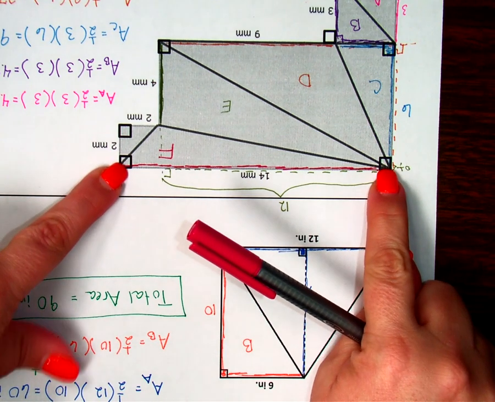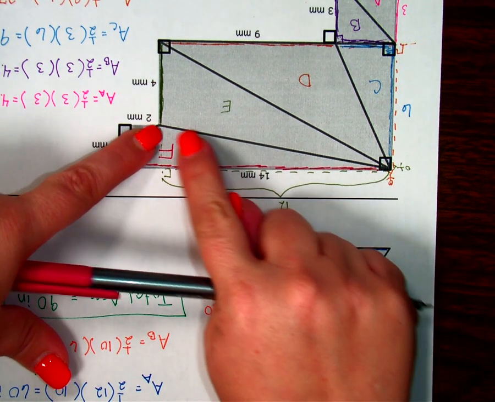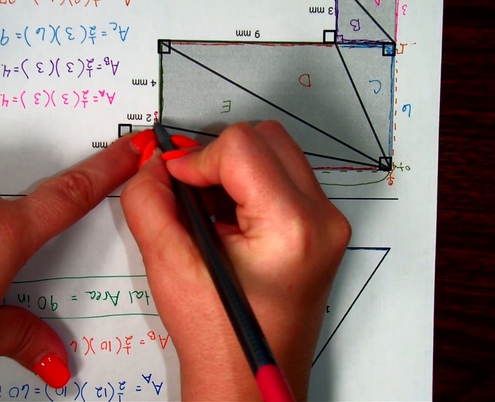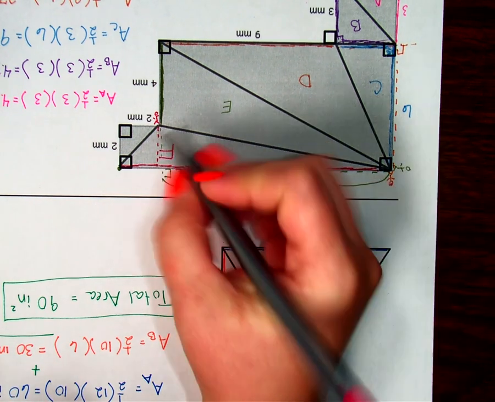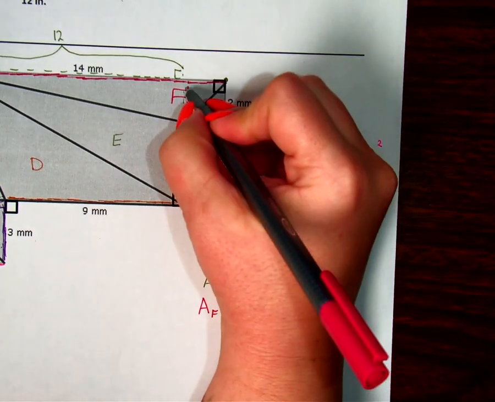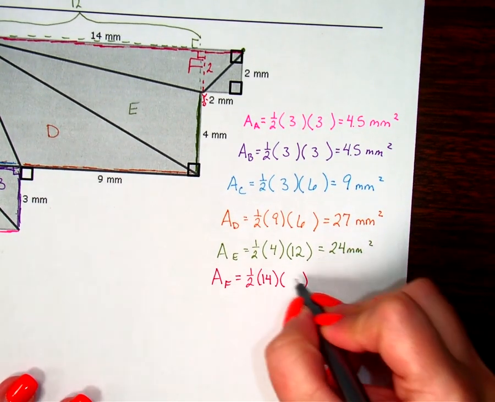To find my height, I'm going to put my fingers at the end of the base, and I'm going to go across the sides that are not the base until they meet. And so now I'm standing here, and if I drop something, how far does it fall? It's going to fall 2 units. So the height there, where it hits at 90 degrees, is 2.